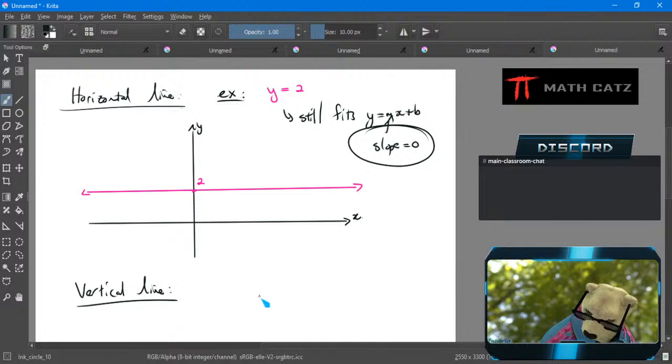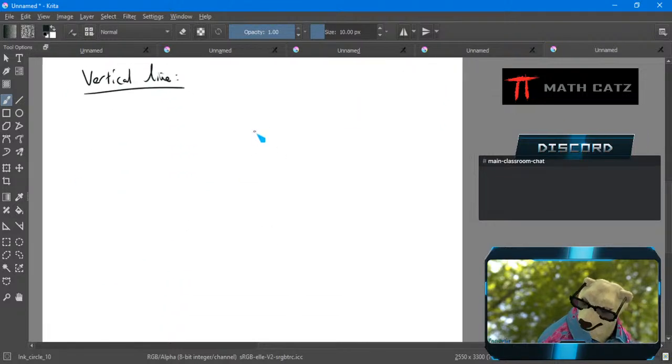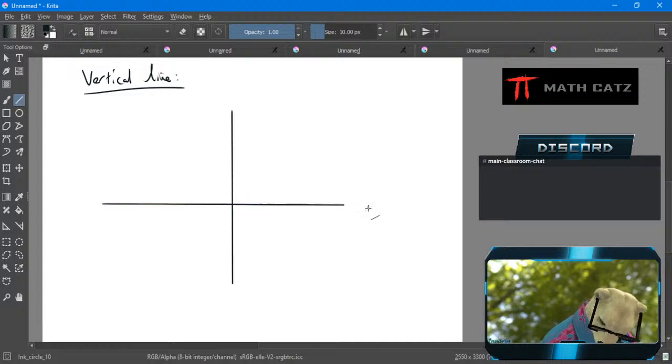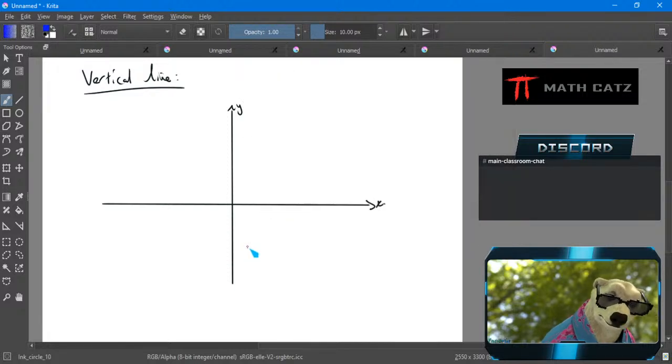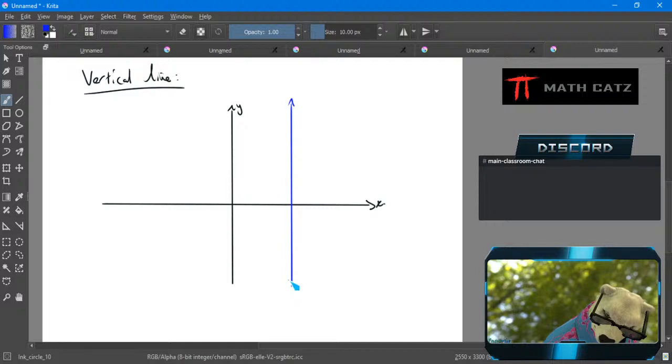Let's draw that. Set things up. Let's make it pink. Well, we've used pink. Let's try blue. Perfectly vertical.